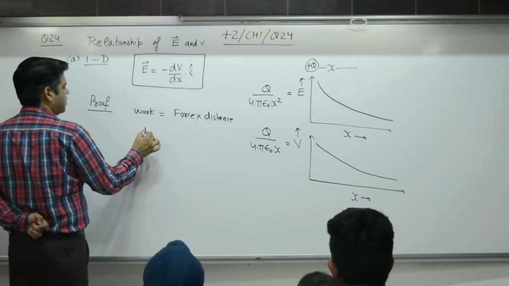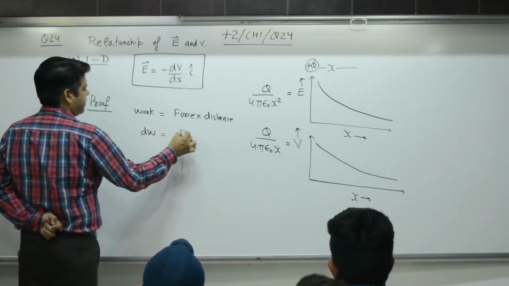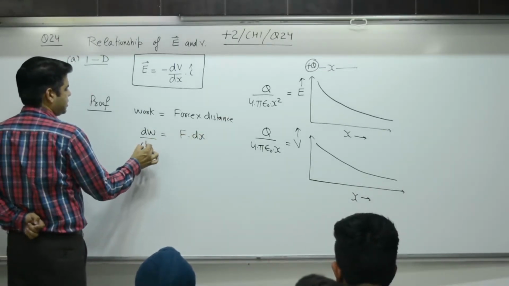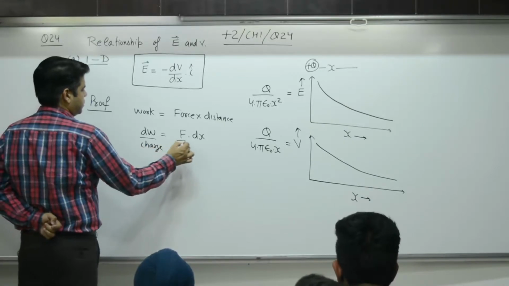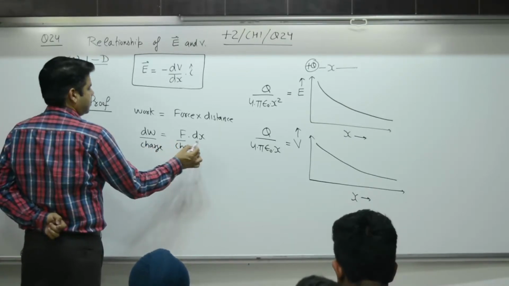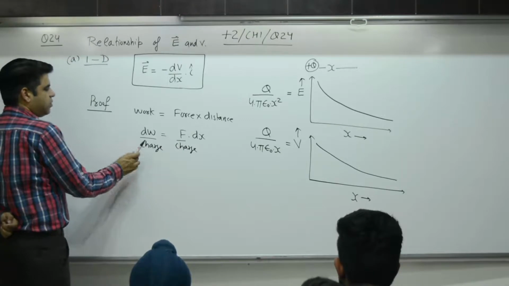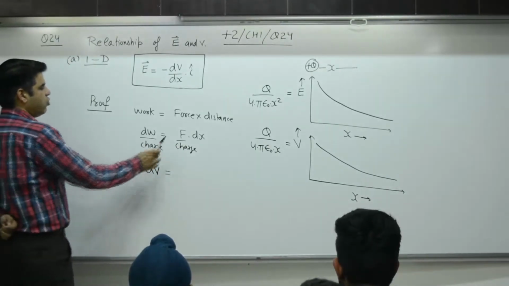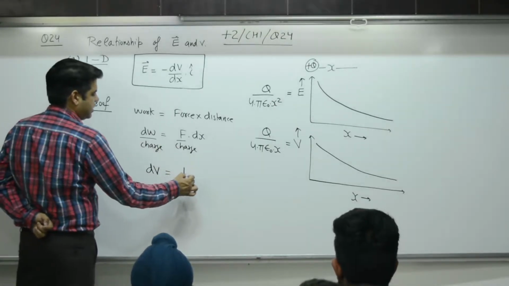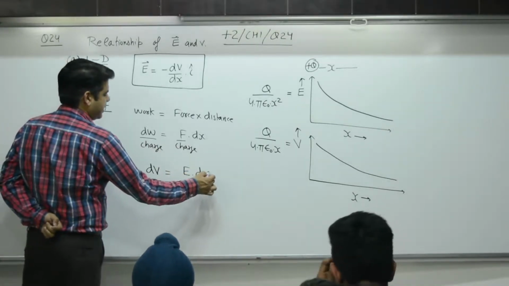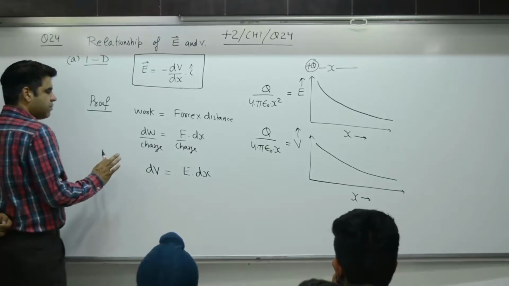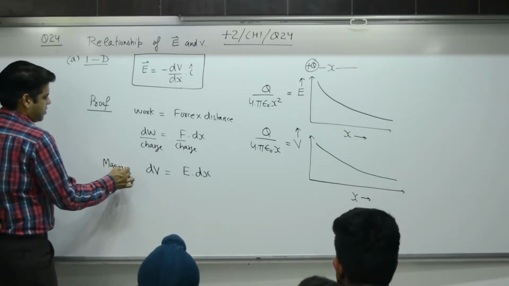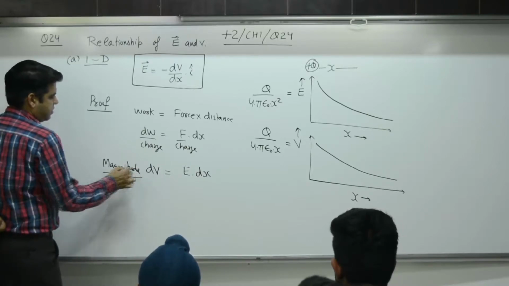If I say small work is equal to F into dx, and you divide both sides by charge, work per unit charge is potential, voltage, and force per unit charge is E. So in terms of magnitude, this relationship is fine.